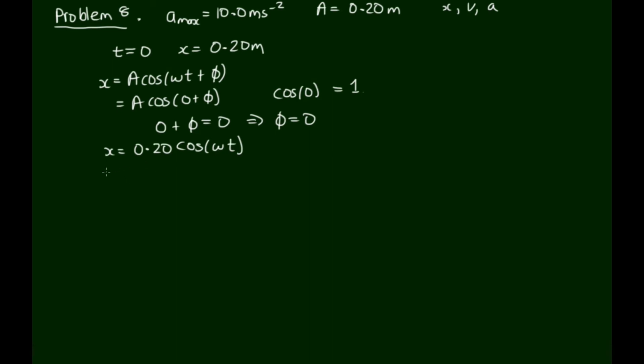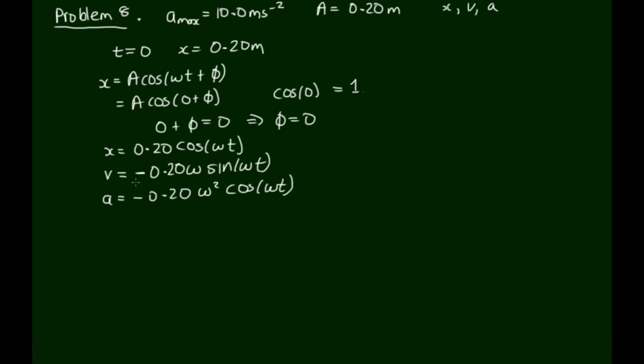So to work out what that is, let's write down our expression for the velocity. So the velocity is the derivative of this, or if you don't know how to do derivatives, remember that it is equal to negative the amplitude times omega sine omega t, and then the acceleration is the derivative of this, which ends up being minus 0.20 omega squared cos omega t.